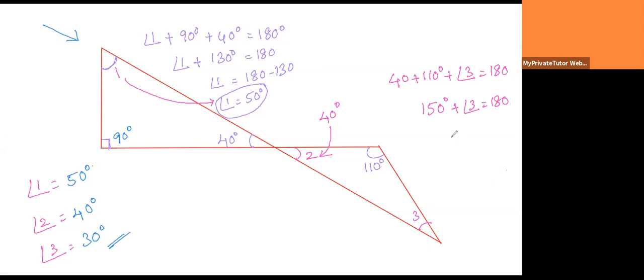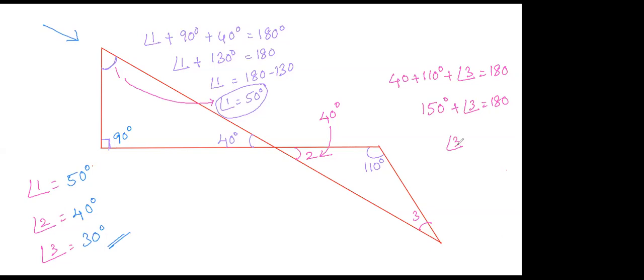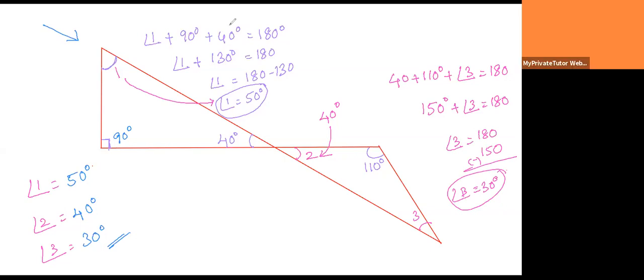Okay, so let me answer your question, Joseph. You thought the second triangle is isosceles. It might be, but in this case I thought the difference between 40 and 30, you can see the difference.